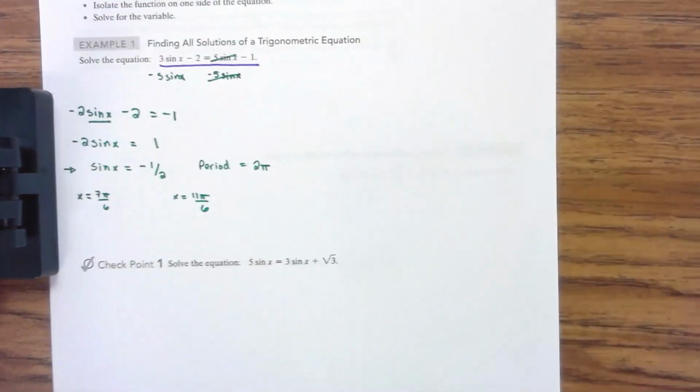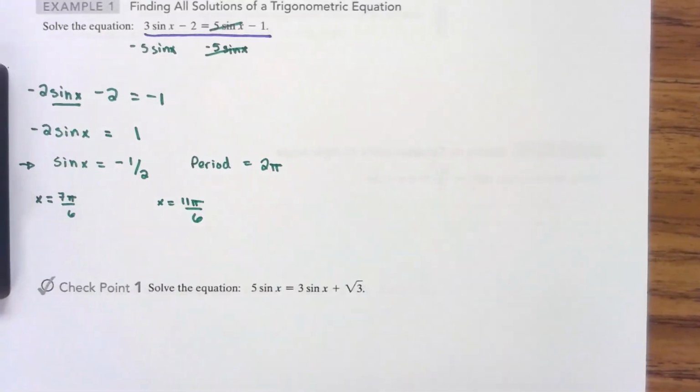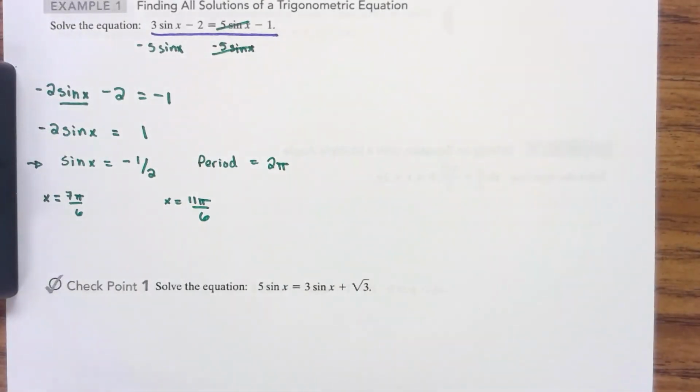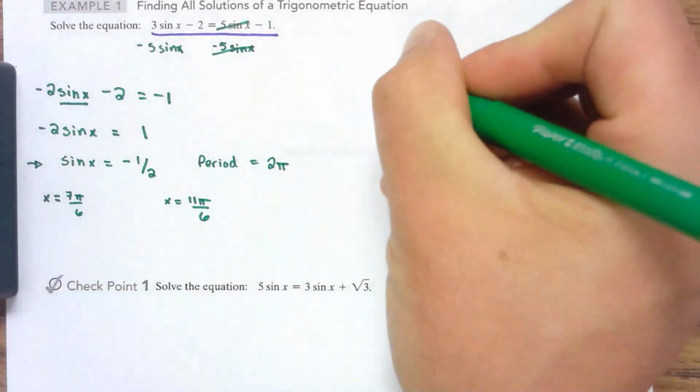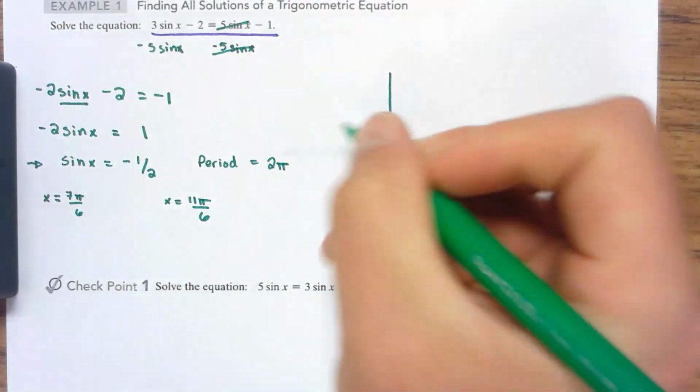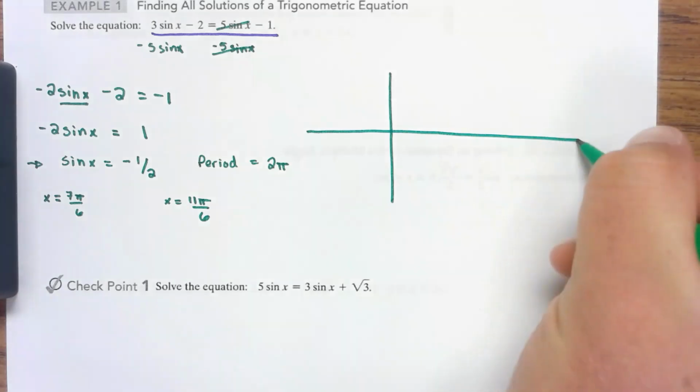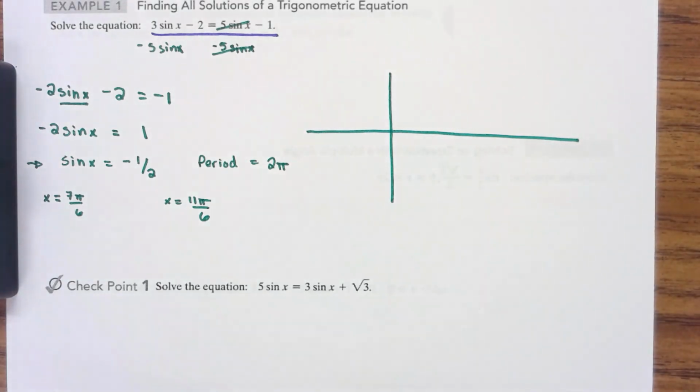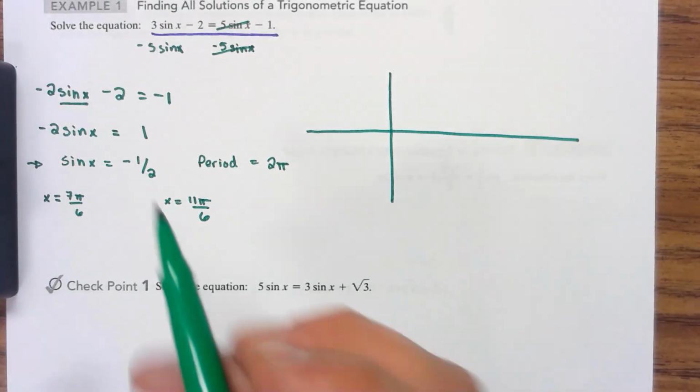Now, those are only the 2 angles that are within 0 to 2 pi. But one thing that we talked about before we went on break is that every equation has a graph that models what we're solving for. So I'm going to draw that real quick.